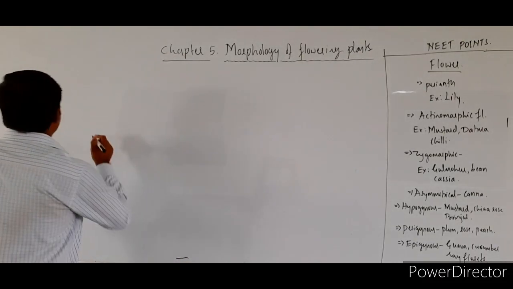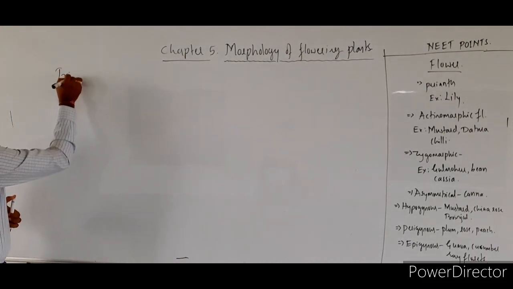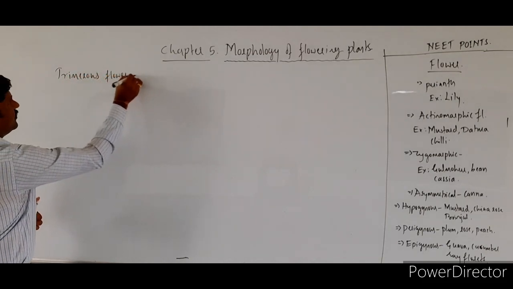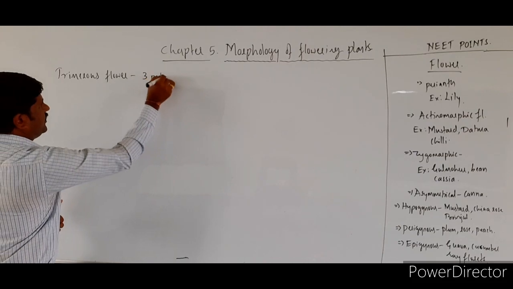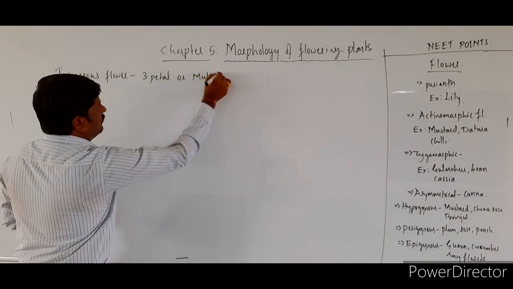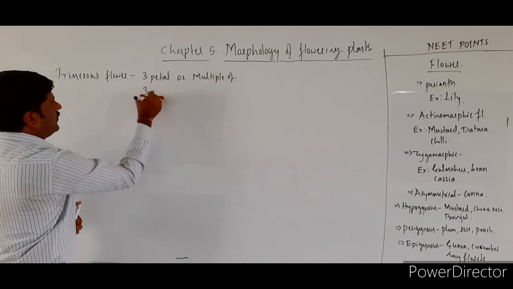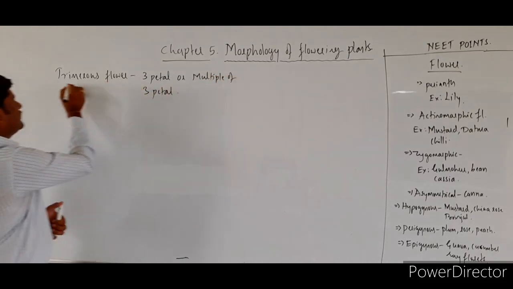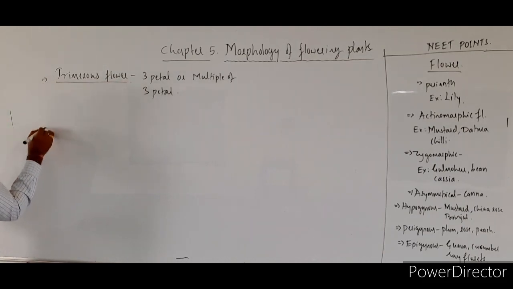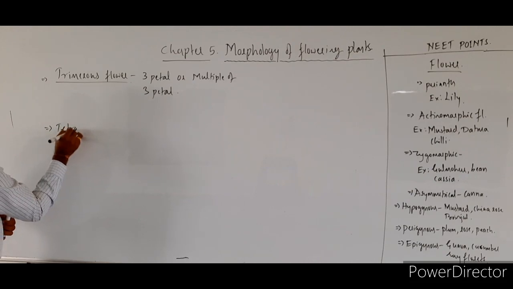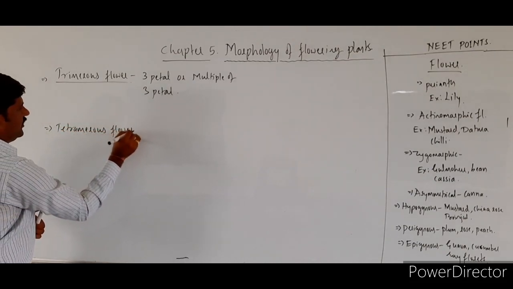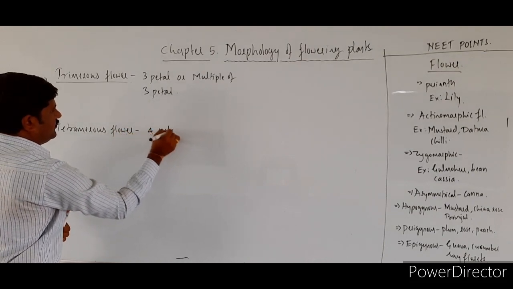So what are those? Let us see now. Trimerous flower means three petals or a multiple of three petals may be present. The condition is said to be a trimerous flower. The second one is tetramerous. Tetramerous flower means four petals or a multiple of four petals may be present.